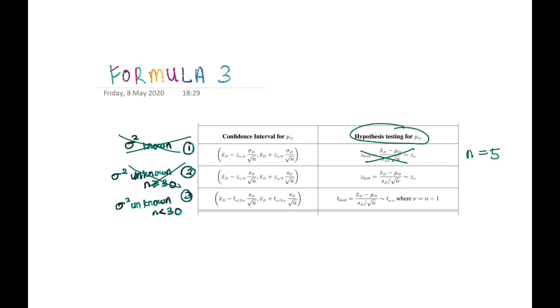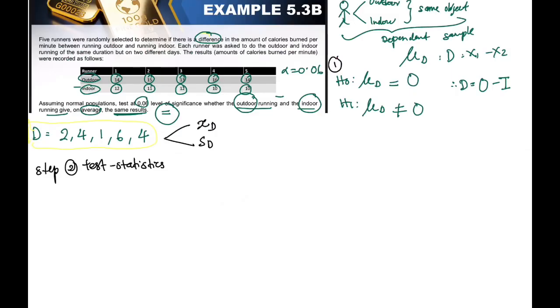So the formula is the t-test, where nu is n minus 1. The t-test is equal to X bar D minus mu naught over SD over square root n.